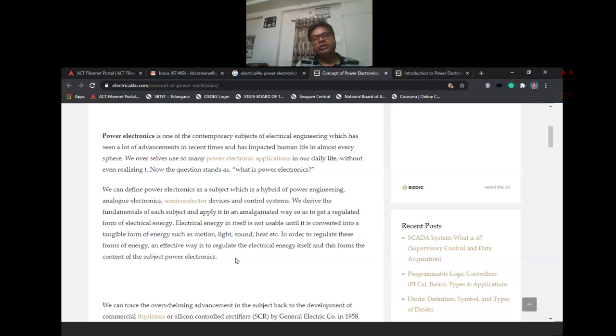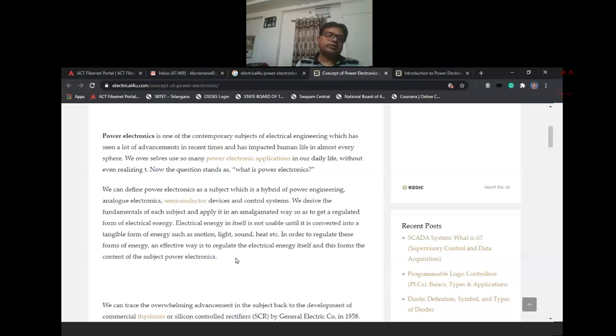For normal single phase AC supply, it is 230 volts, 50 hertz, and current ratings range from 6 amps to 20 amps for domestic loads, and more than that for agriculture and industrial loads.